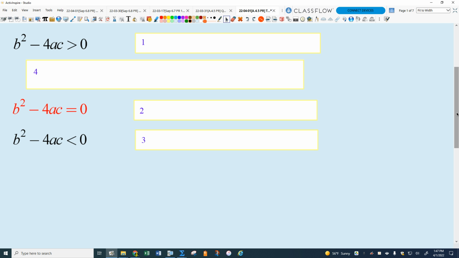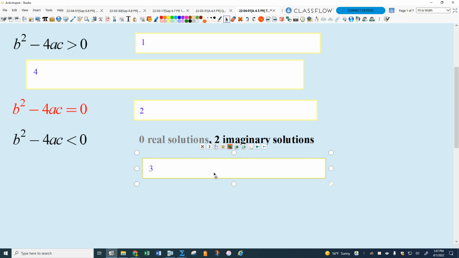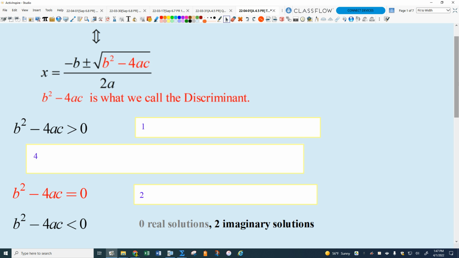If the number under the square root is negative, think about that now. If I get a negative number inside the square root, what's that giving me? Okay, that's giving me imaginary solutions, right? So when the discriminant's negative, we know we're getting two imaginary solutions. End of story.